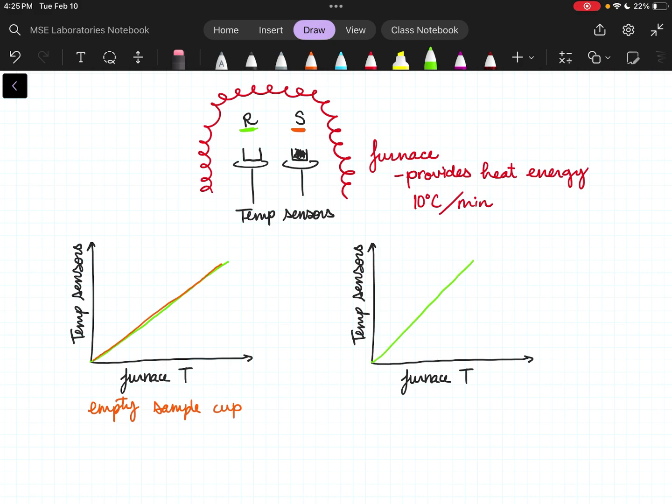Assuming that I have filled the sample cup, I'm going to get the same reference line, and I am a human being, so those slopes are not the same, but they should be. If I copied it, I probably should have kept the orange, or I probably should have just tried to erase the orange line and kept the green line, but oh well. Here we are.